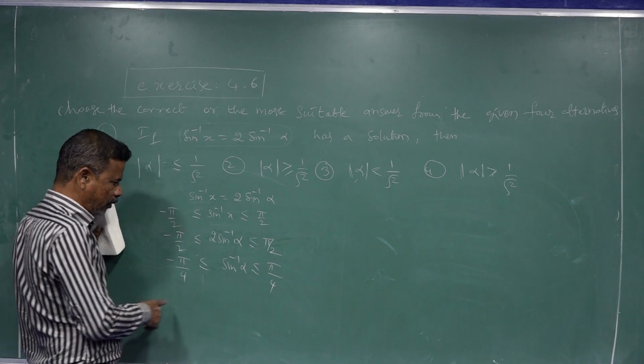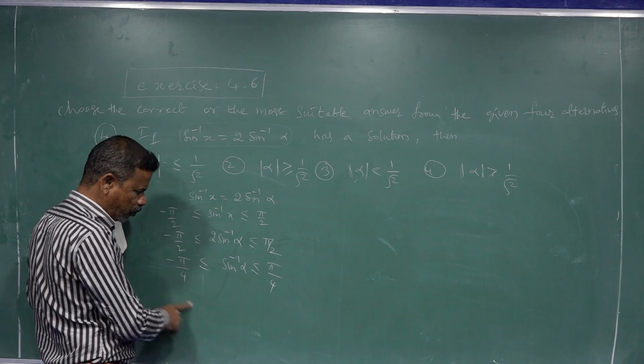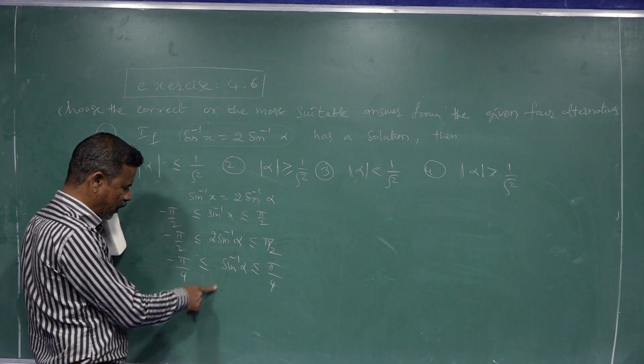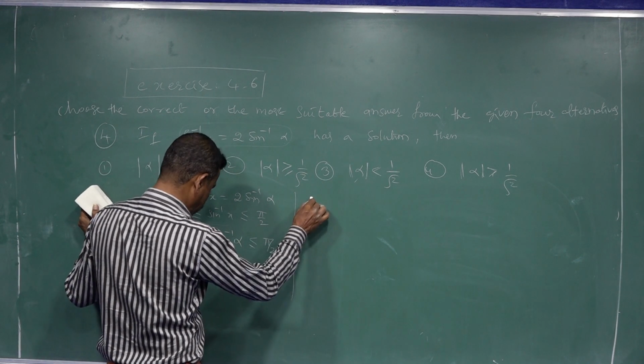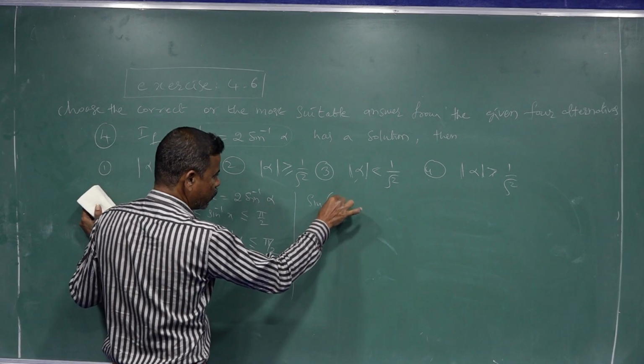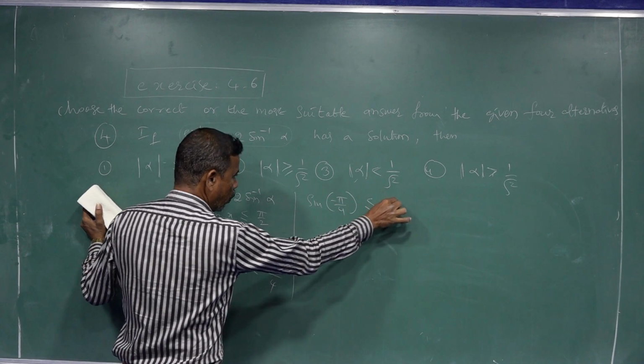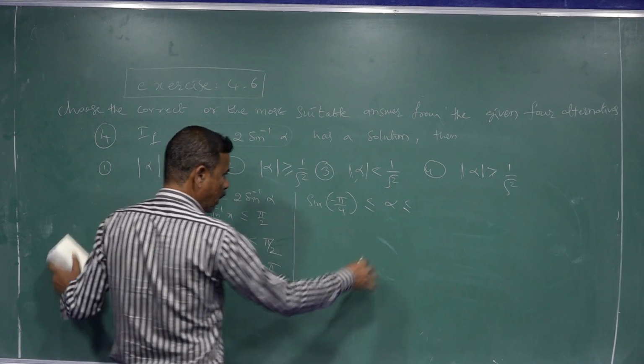After that, apply sin on both sides: sin of minus π/4 is less than or equal to alpha, less than or equal to sin of π/4.